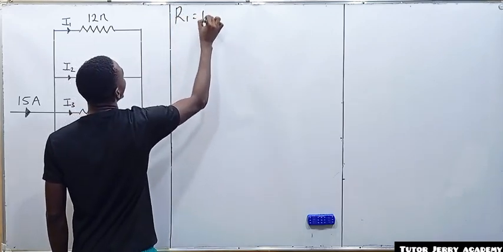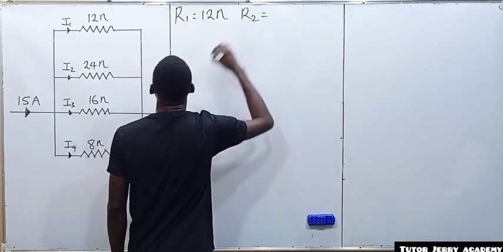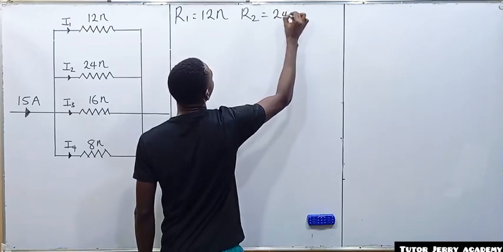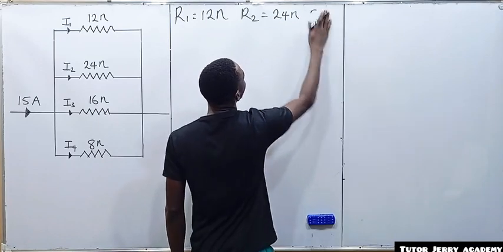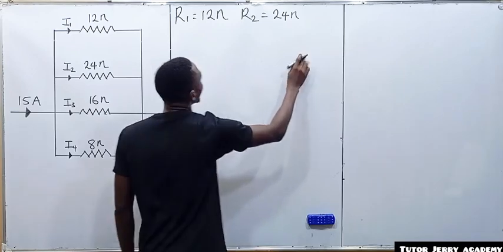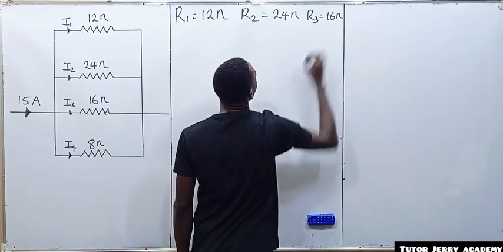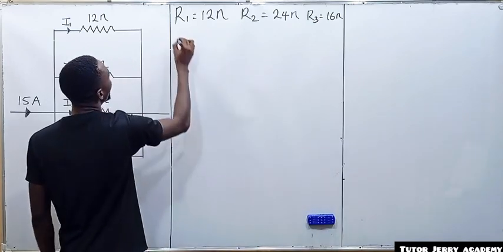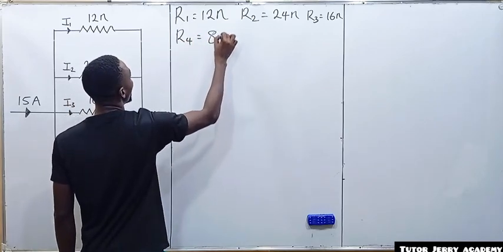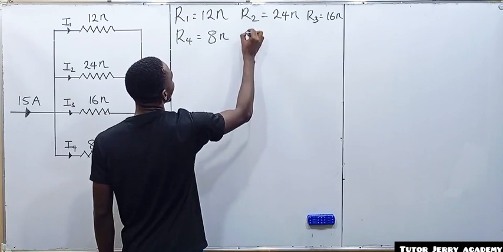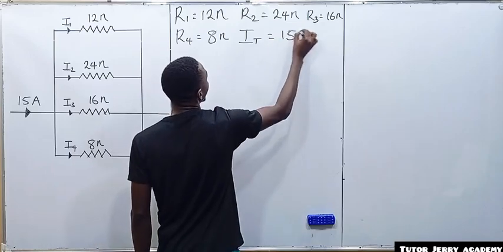R1 is equal to 12 ohms, R2 is equal to 24 ohms, R3 is equal to 16 ohms, and R4 is equal to 8 ohms, and the total current entering the circuit is 15 ampere.